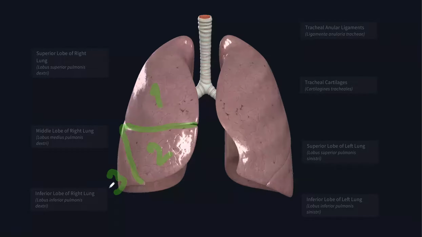But the left lung only has an oblique fissure and 2 lobes, the upper lobe and the lower lobe.